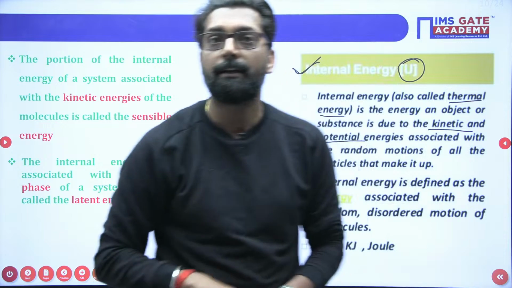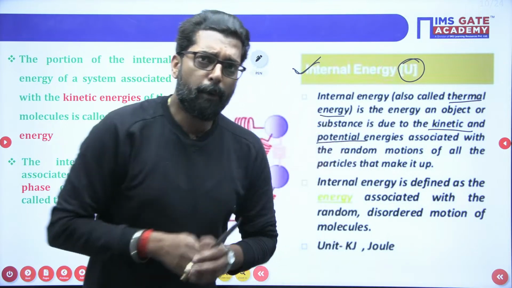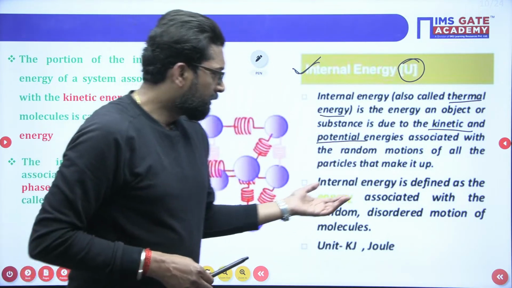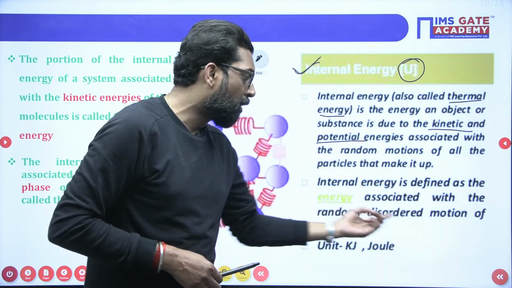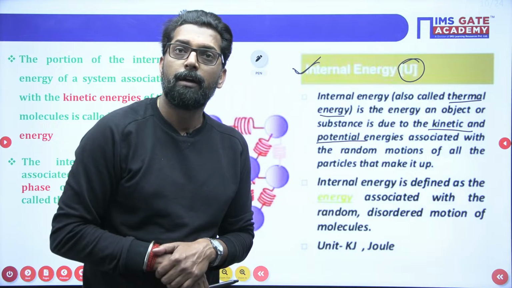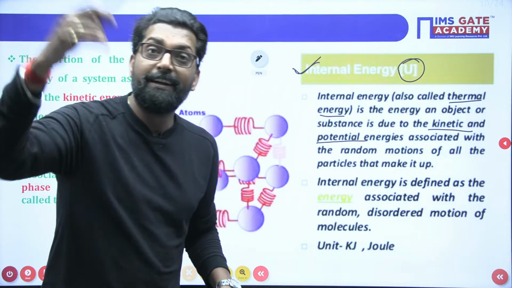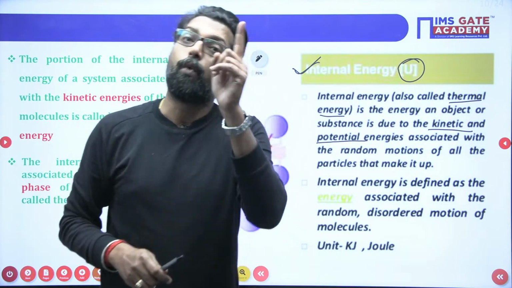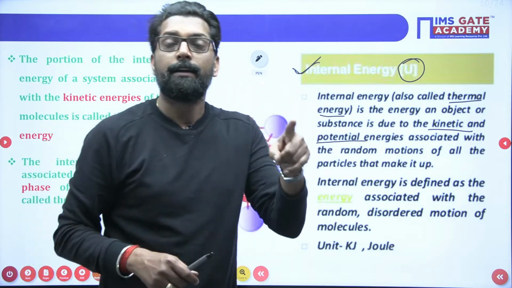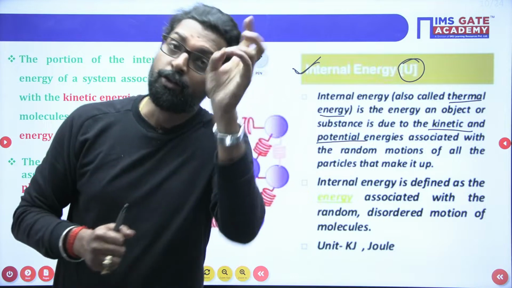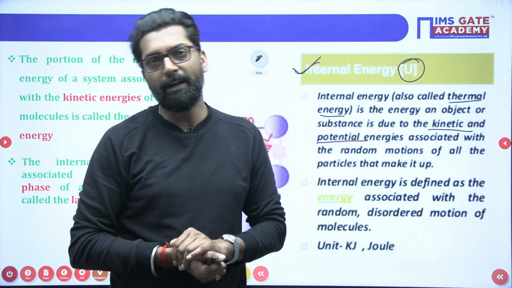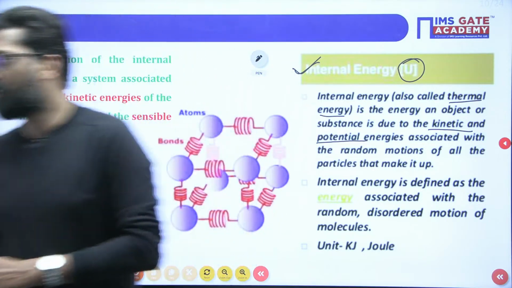Now, if you enter into the second law, there is one property which is also measured due to randomness, known as entropy. And entropy is also a system property.